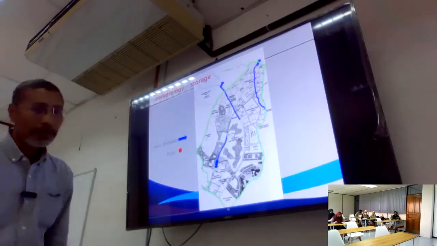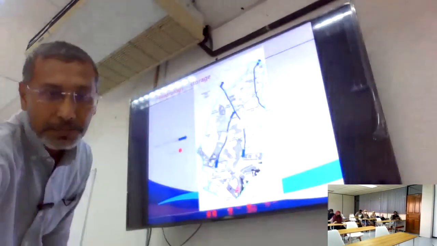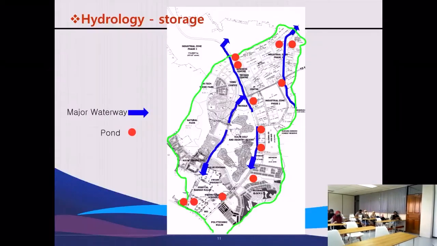And then this way. So in between, we will have a lot of storage. Those red dots are the storage. So whenever it rains, the water will first be stored in what we call the storage system. So it will not go away. So we will not disturb the surrounding kampung, surrounding town.